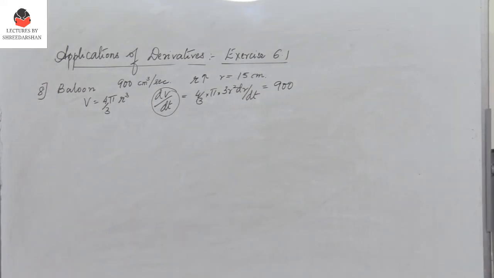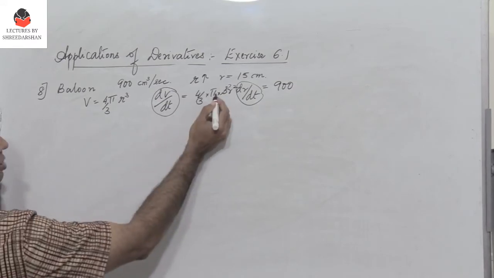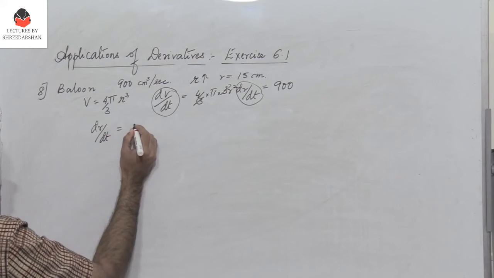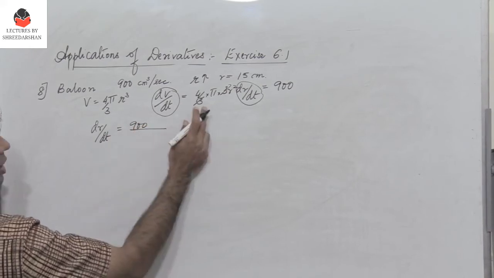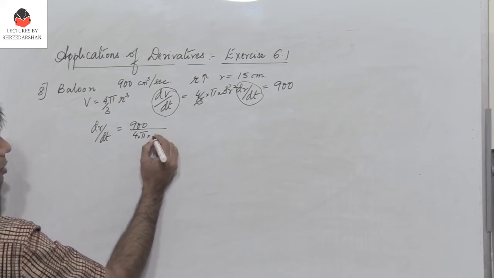Now I need to find the rate at which the radius is increasing, so I need to find dr/dt. The 3 and 3 get cancelled here, so dr/dt is 900 divided by 4πr squared.